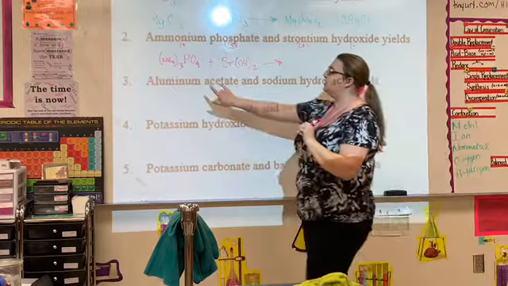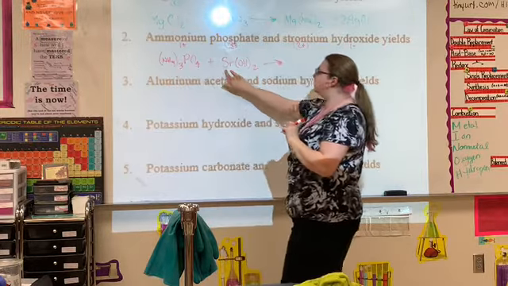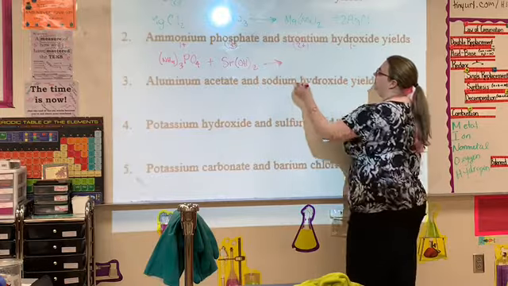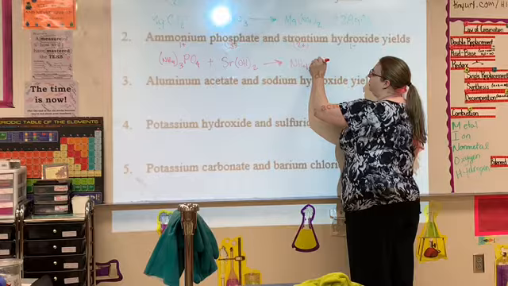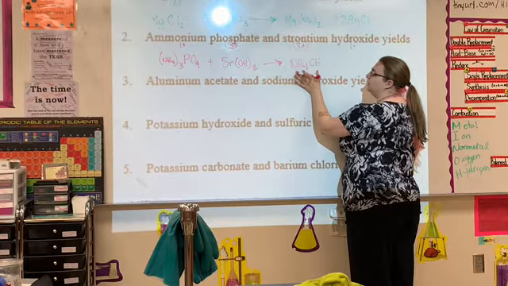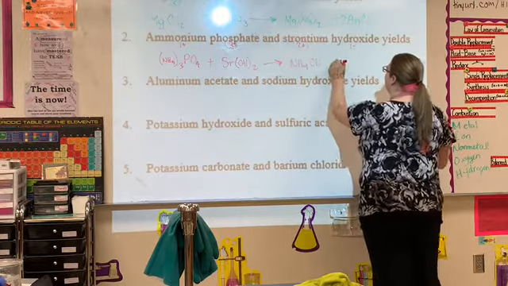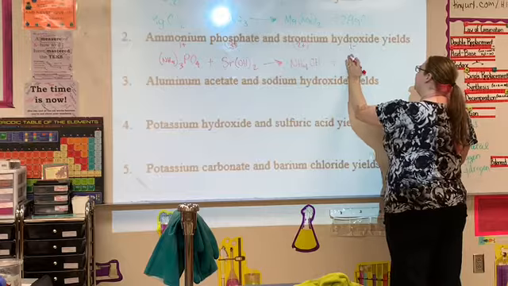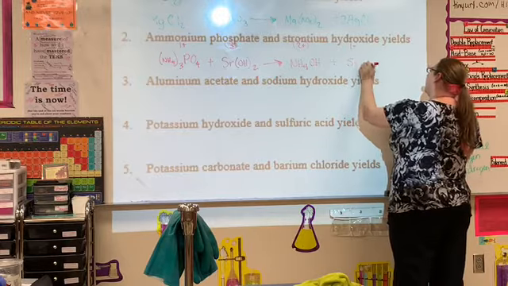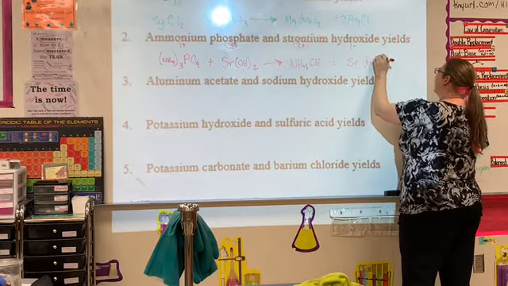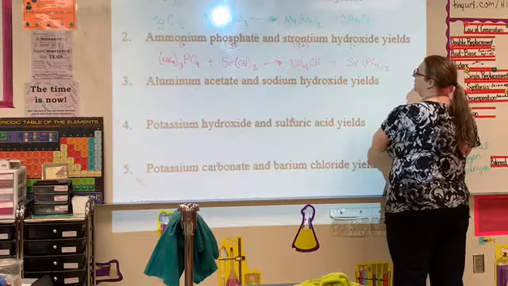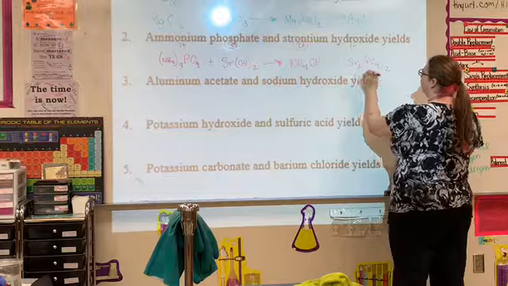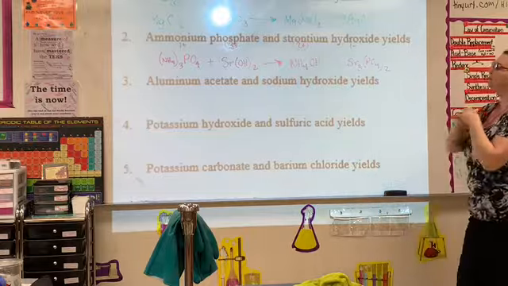So we're gonna switch the ammonium and the strontium. So we're gonna end up with NH4 ammonium with the hydroxide, they're both 1s, so we can leave it uncrisscrossed. And then we have strontium with the phosphate. Strontium is 2 plus, so we need a 2 next to the phosphate. And then phosphate is 3 minus, so we would need a 3 next to the strontium.